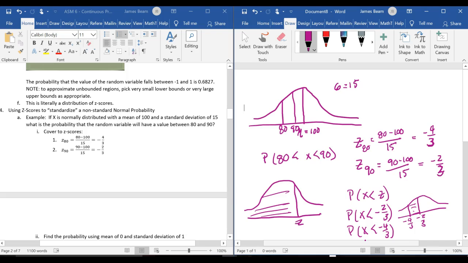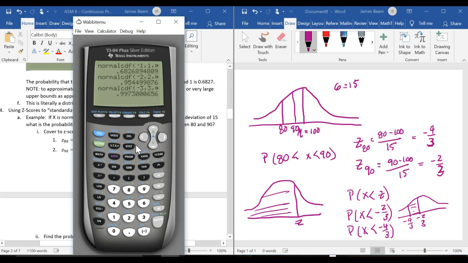You'd have to turn it all into two z-scores, find the probability below one z-score and the probability below the other z-score, and subtract them. You can even do the standard normal thing here for these two z-scores and get the correct answer. Second vars, normal CDF, and the lower bound is negative 4/3 to negative 2/3, right?